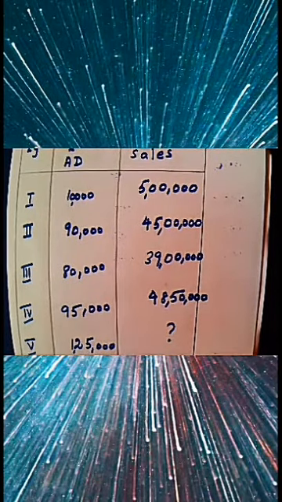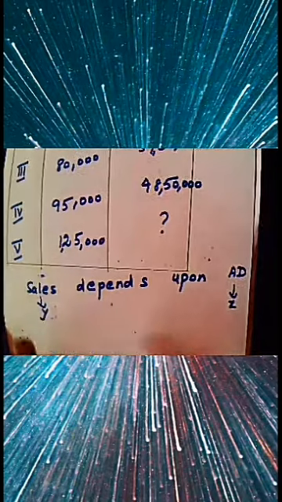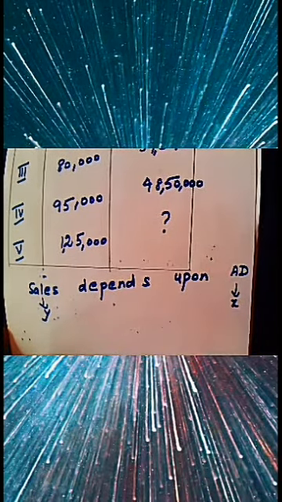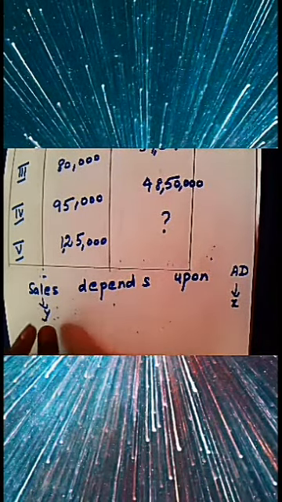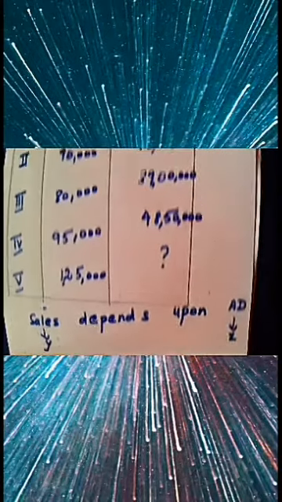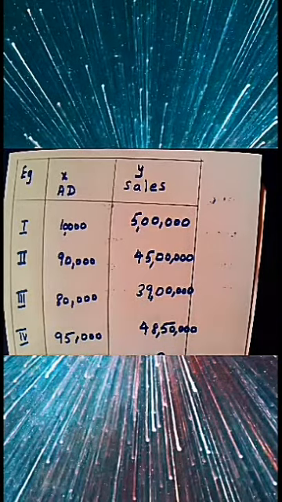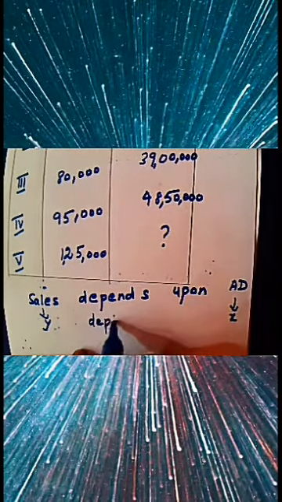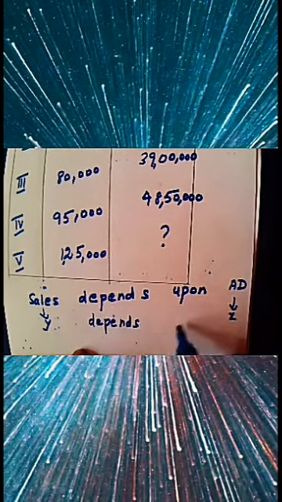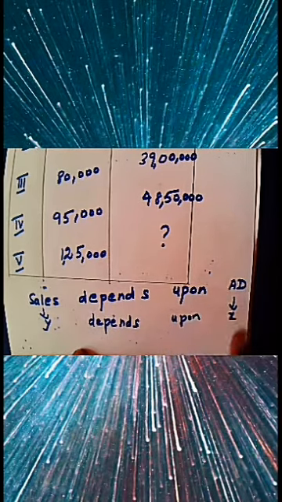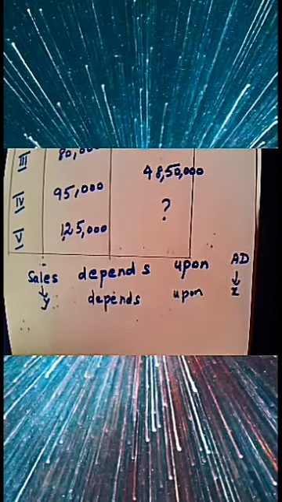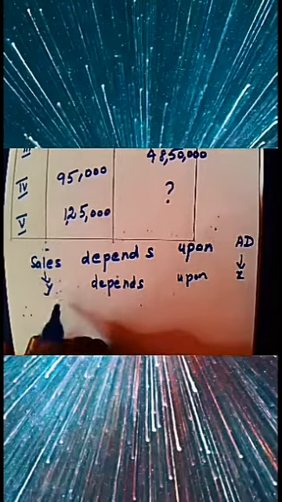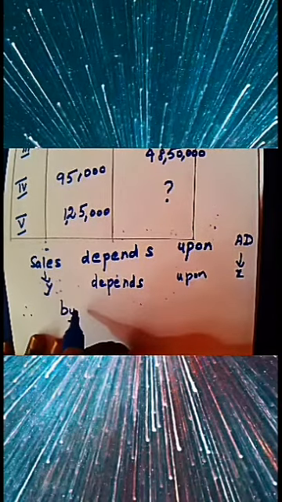Okay students, now I can write this as: sale is depending upon the advertisement, which means sale is your Y variable. Sale Y depends upon the advertisement, which is your X variable. In terms of regression, I can write this as BYX.